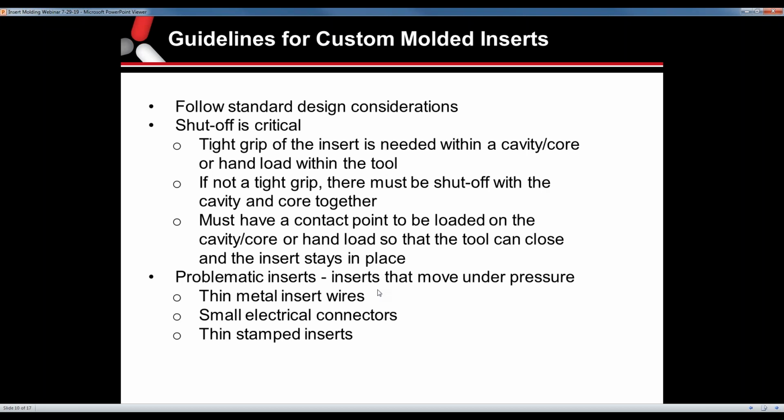And a lot of these threaded inserts have a pretty wide tolerance on the inside diameter, so if at all possible, it's always best to try to trap those in the tool for the cavity and core side. Sometimes that's not possible, but if there's a chance of designing your part that way, always a plus.